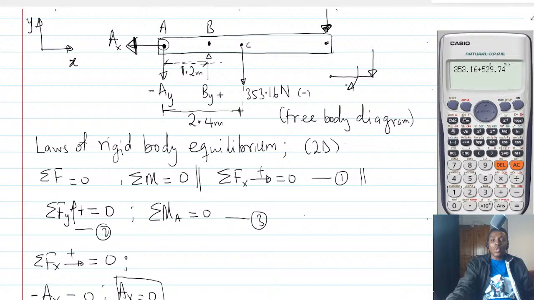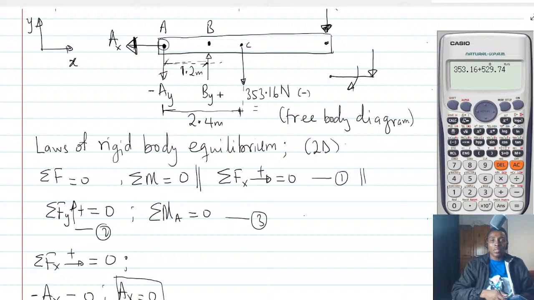Which is clockwise. So basically this 353.16 force is going to cause a clockwise movement about A. Is that clear? Alright. So if I multiply 353.16 by 2.4, what am I going to get?